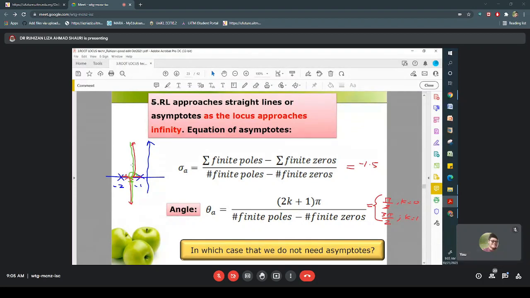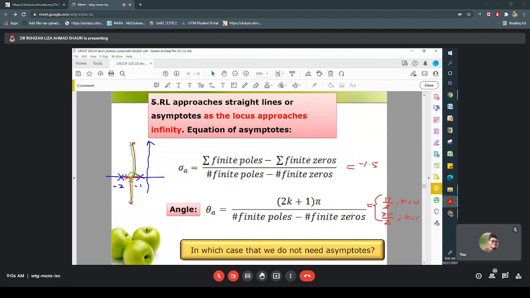How many go to infinity? 2 branches go towards infinity. So automatically you know the angles you have to calculate must be 2, because you need 2 lines.